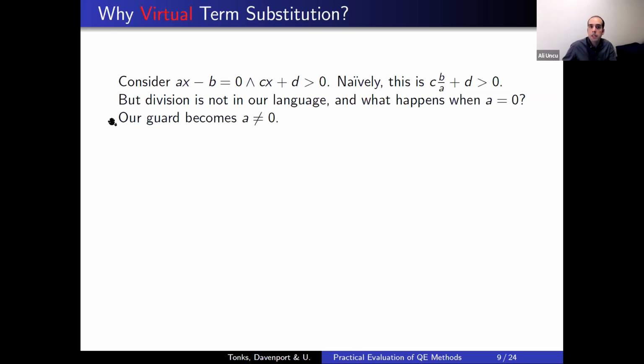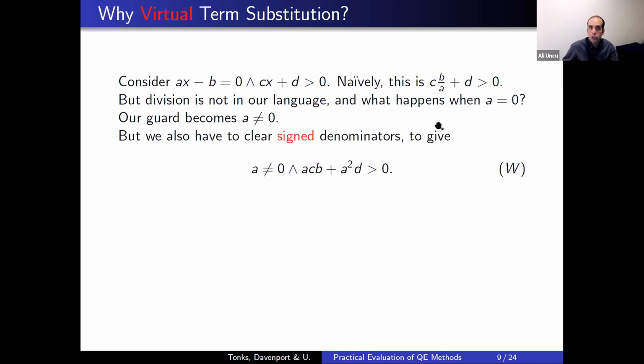One of them is that your guard needs to be just not equal to 0. So one of the guards is that a cannot be 0. And then you can try to clear the denominators manually, keeping in mind that a also might be negative. So a is not 0. And if a is negative, this would change signs. So you can multiply both sides by a squared instead of a to clear the denominators.